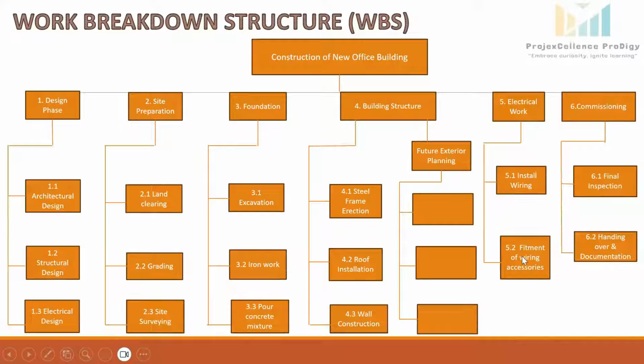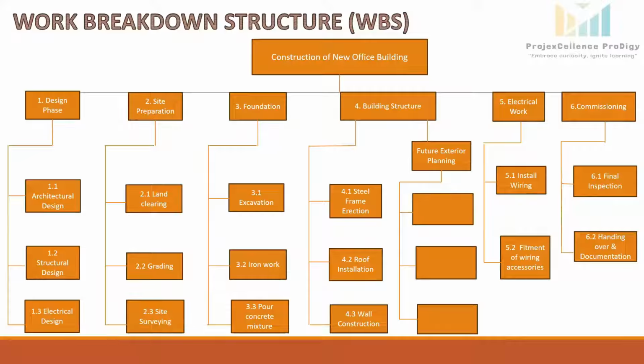And the second work package under this same control account, fitment of wiring accessories, material cost is $4,000 and labor cost is $2,000. So it becomes $6,000. So if we calculate, the total cost for this control account becomes 8,000 plus 6,000, $14,000. So that's how we can estimate the costing for the control account.